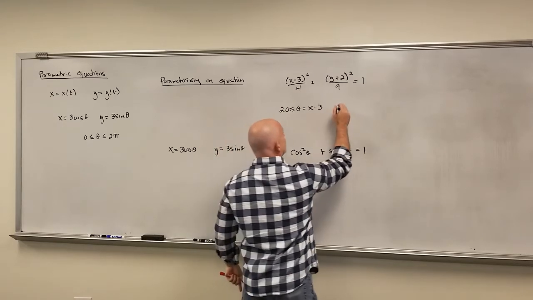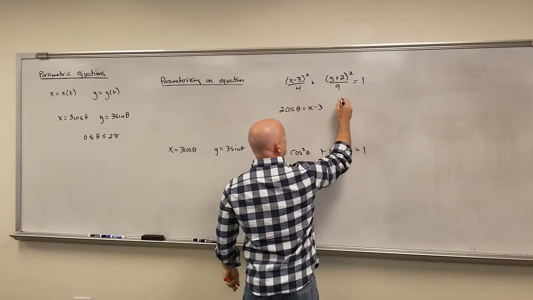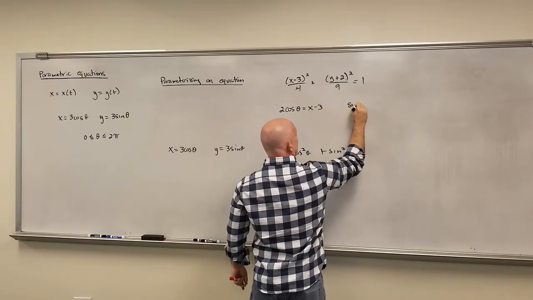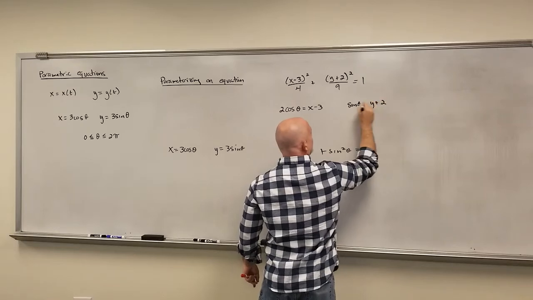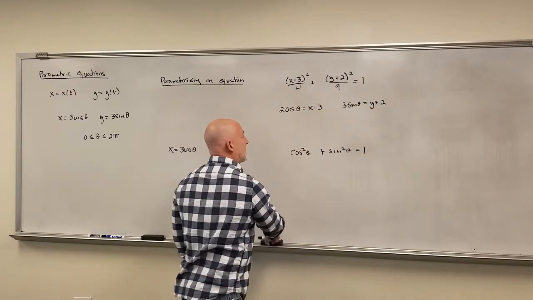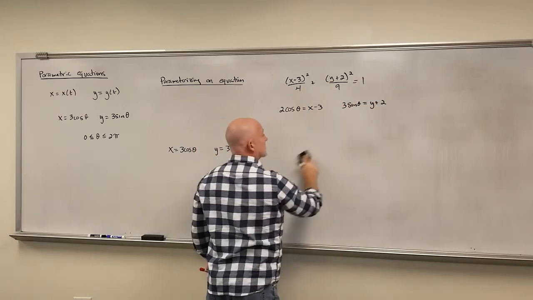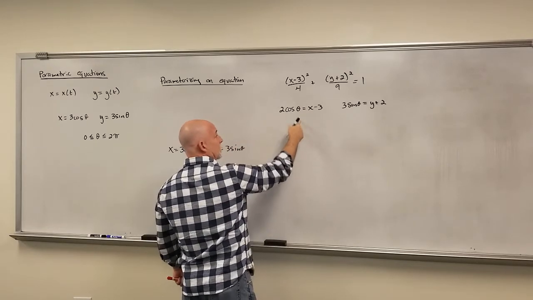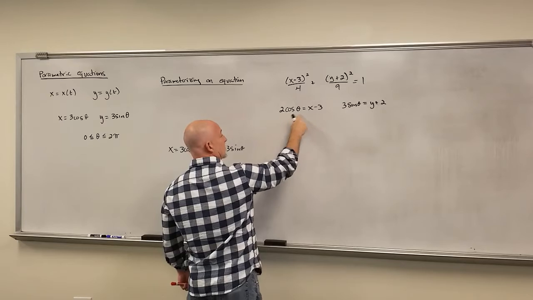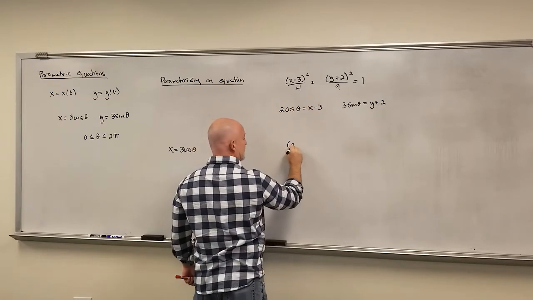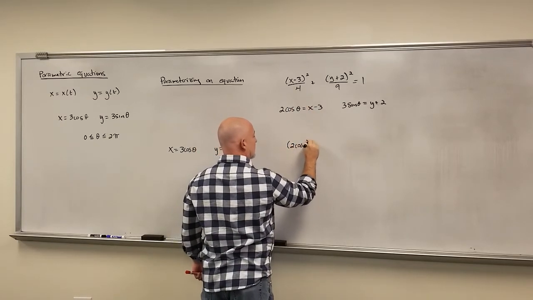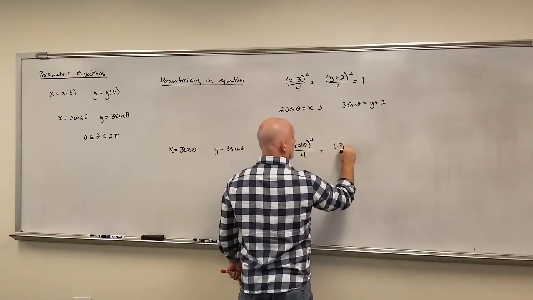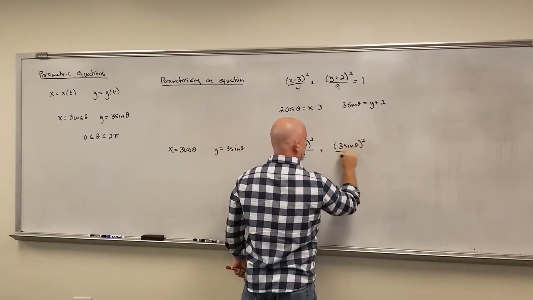So if I do the same thing over here, because I want the 9's to cancel, I want 3 sine theta to be equal to y plus 2, with a 3 out front so that cancels. That substitution should work. Now I'm going to leave some room because we still need to solve for x and y here. If I say 2 cosine theta equals x minus 3, that's (2 cosine theta) squared over 4 plus (3 sine theta) squared over 9.